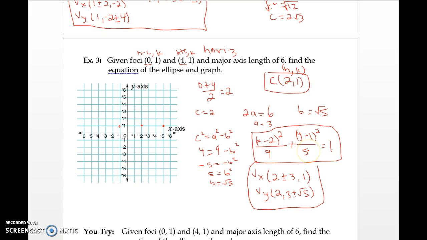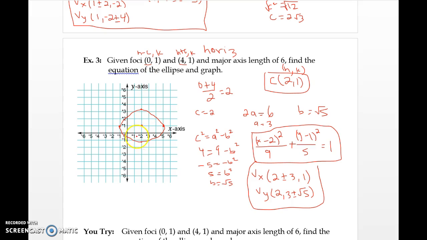And b is the square root of 5, which is 2 and a little bit. So I'm going to go up 2 and a little bit and down 2 and a little bit. And I'm going to connect your 4 vertices. If your vertex numbers are not perfect whole numbers, it's okay to estimate where the points are. That's fine.